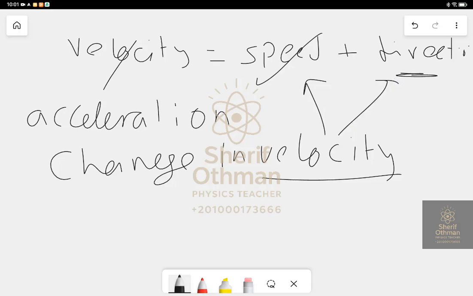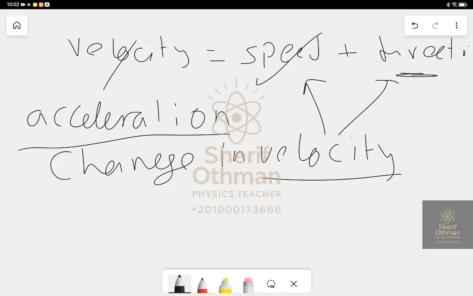So any change in the object's speed without changing the direction is a change in velocity, which is acceleration. Any change in direction without changing the speed is also a change in velocity, which is acceleration. Any change in the object's speed and direction is a change in velocity, which is acceleration.